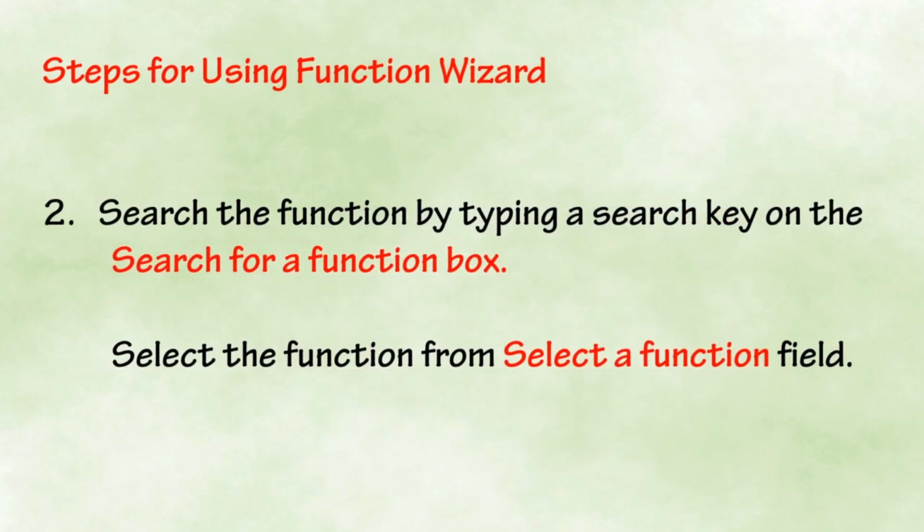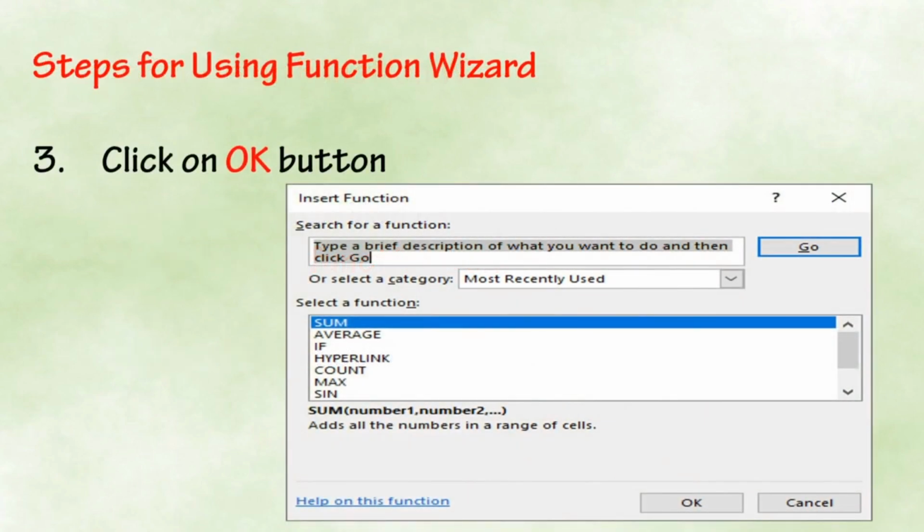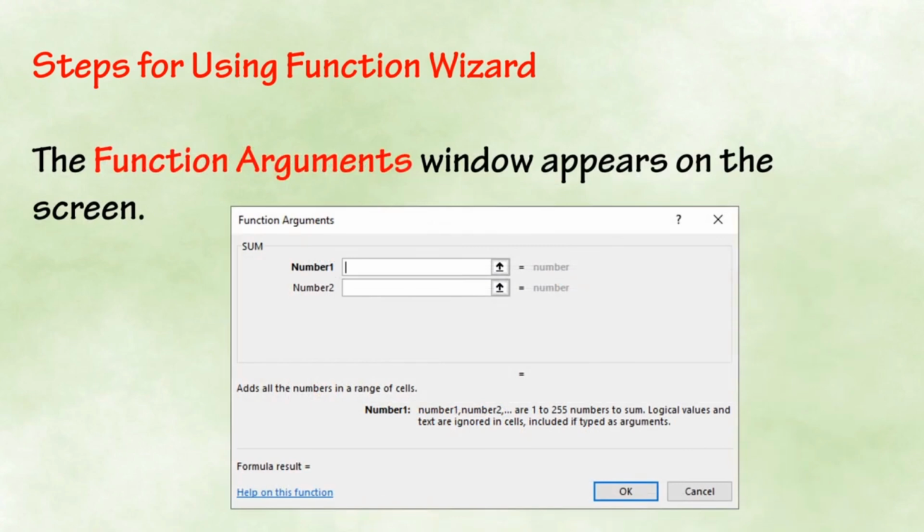Search the function by typing a search key in the Search for a Function box. Select the function from the Select a Function field. Step 3. Click on the OK button after selecting the function. The function arguments window appears on the screen.